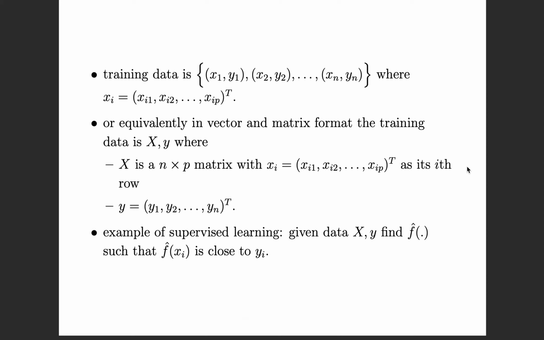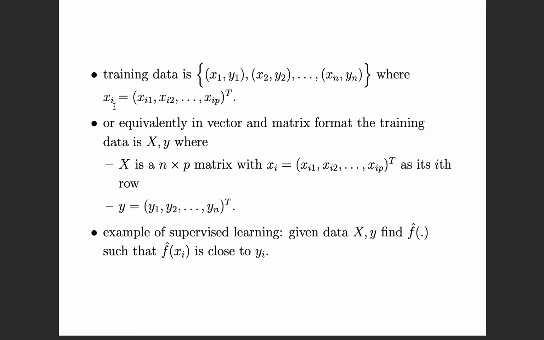Okay, so what we do in this class is typically we represent the training data that we have received in this form. You have x1, y1, this is one data point, and this is the response for the first data point, and x1 is a vector.